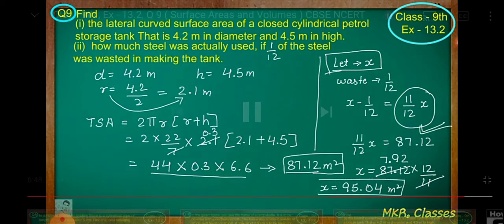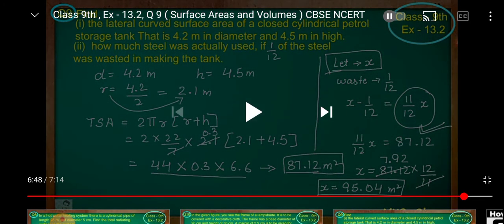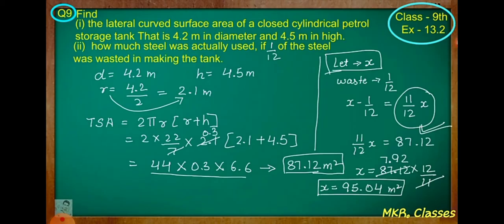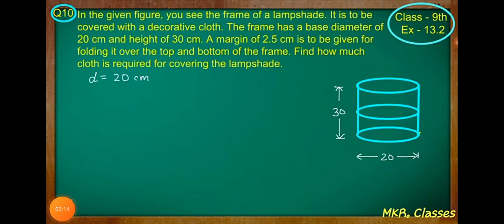So this much amount of steel is actually used. This whole is used, and 1/12 of it was waste, so that it is coming 87.12.